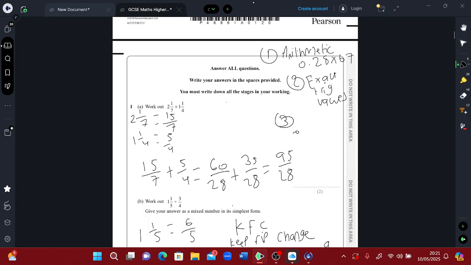But there are some topics which will come up every single year, even every single paper, like for example fractions plus ratio plus probability. It will come up on every single paper. I pretty much guarantee it. Always. So there are some key topics to revise there.